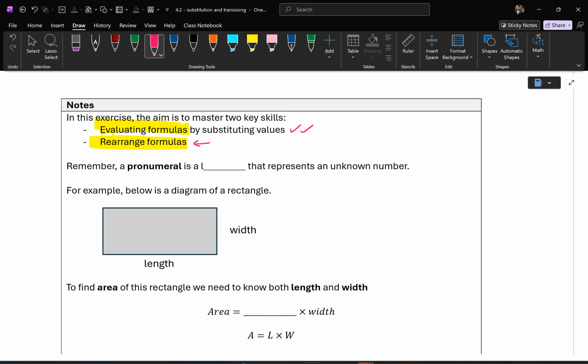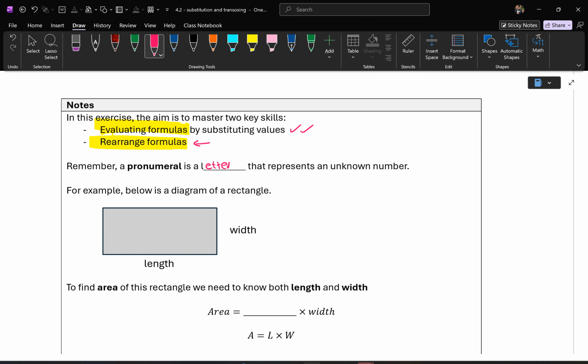Okay, so remember, a pronumeral is a letter that represents an unknown number. A number that we don't know, but it represents that. What's an example? This rectangle here, we know that length is the longer side, width is the shorter side.